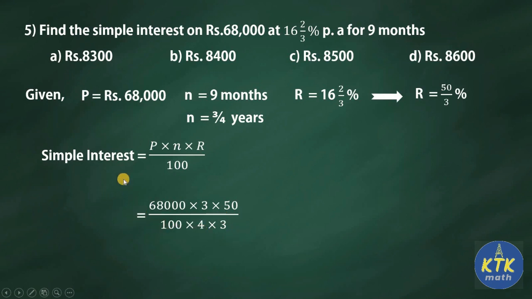Now you can directly cancel these fractions. How to cancel the fractions now? You can cancel 2 zeros and 2 zeros here, and you can cancel 3 and 3 here, and you can cancel 4 with 680.